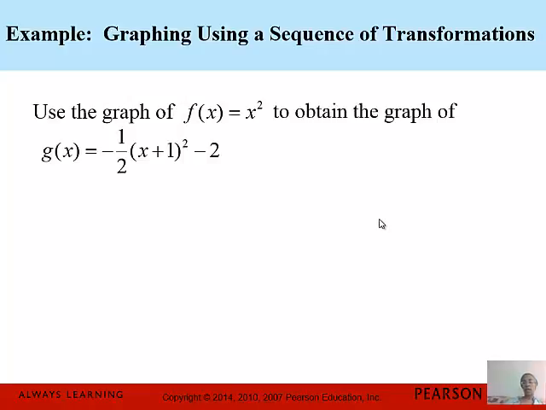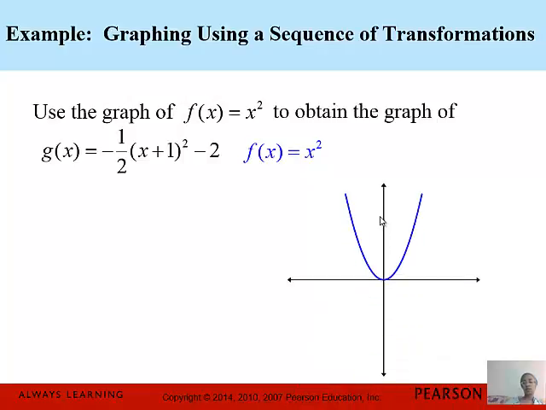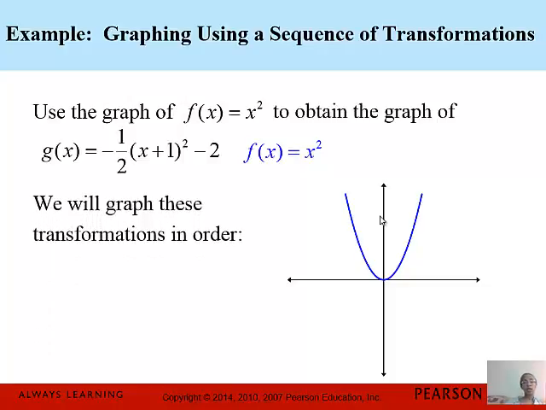So we've got several transformations going on here. So first let's look at the graph of f of x equals x squared. So there's our standard quadratic function's graph. Well, let's use the graph transformations in order.